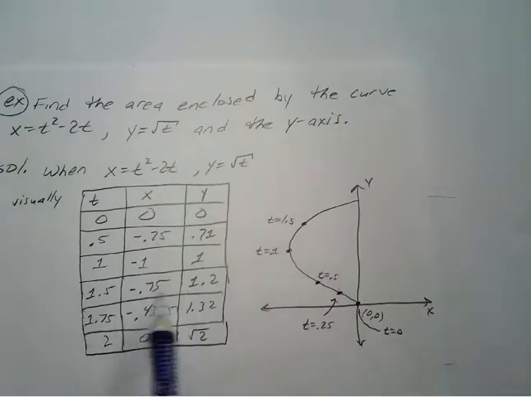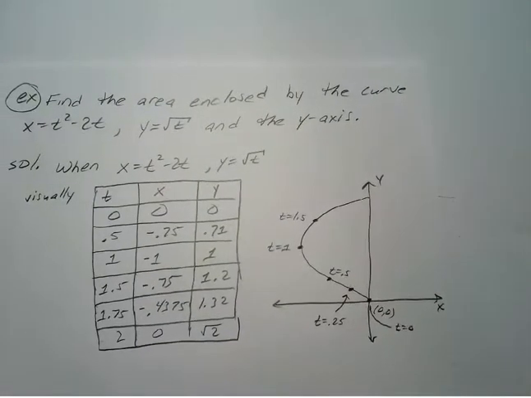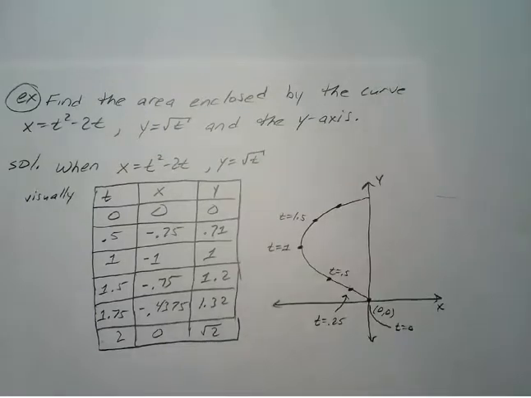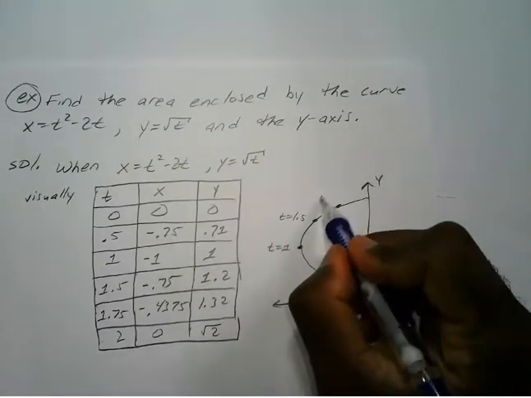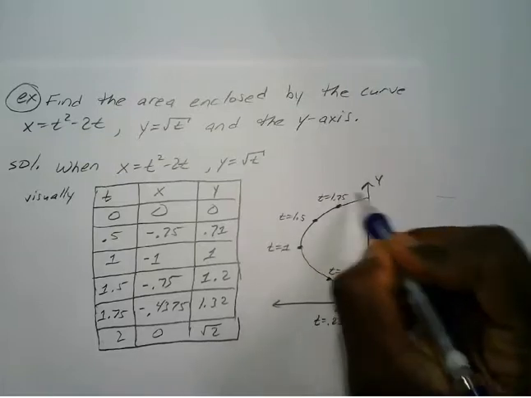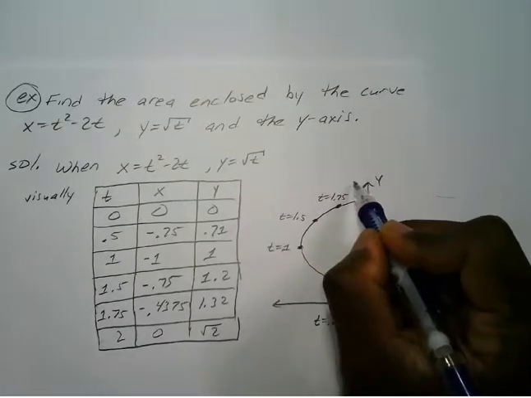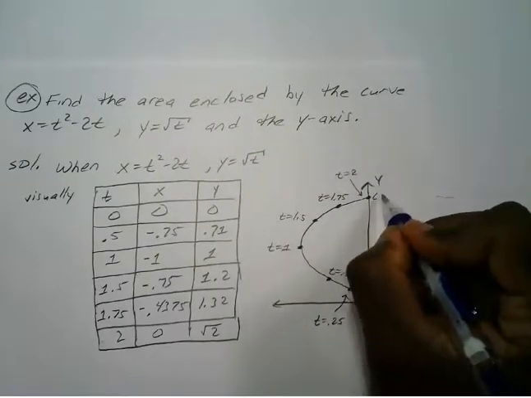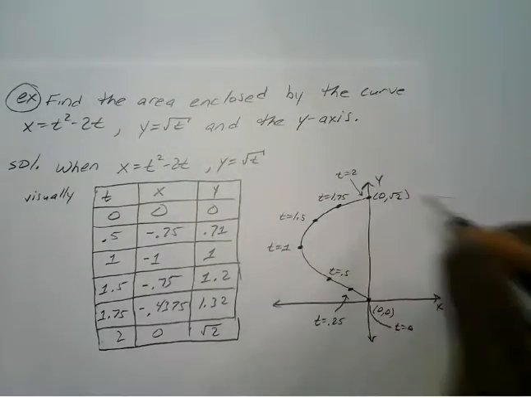And t equals 1.75 would be around there. And t equals 2 would be about there, and that's your 0 and square root of 2.